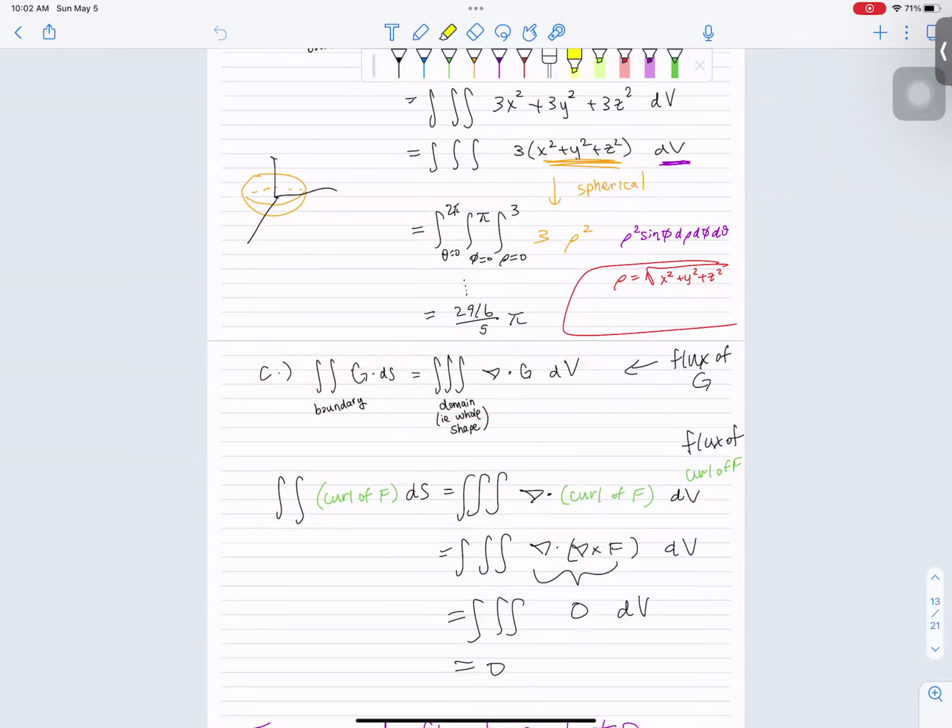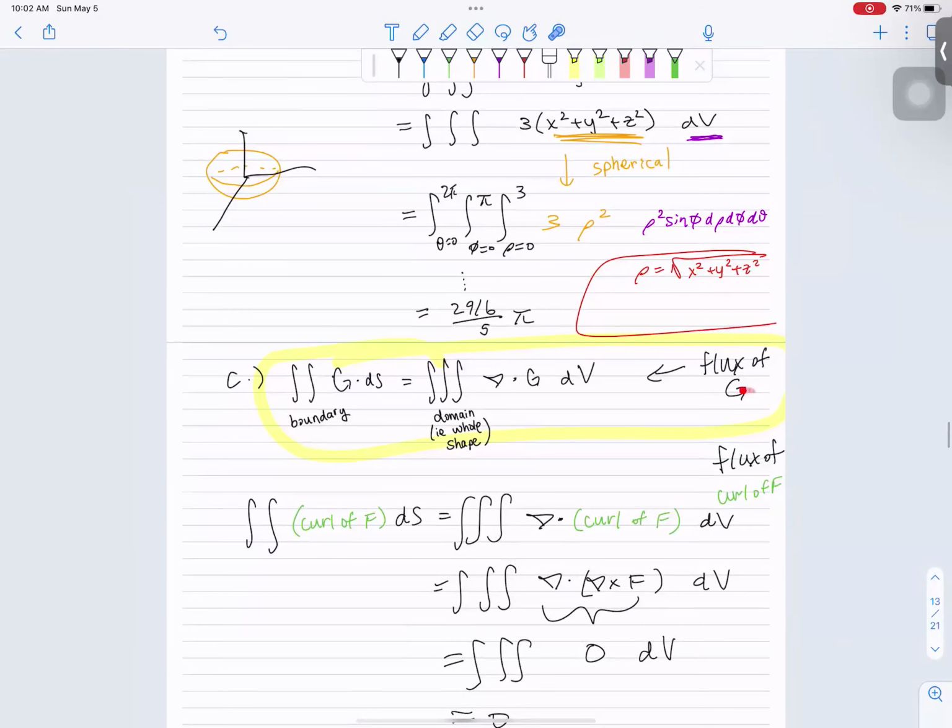The divergence theorem lets us find the flux of some vector field G. In this case, we're letting G be the curl of F. So if I plug in curl of F for this capital G, the divergence theorem says the flux equals the triple integral of, this triangle thing is still there because all I'm changing is this G, which is now curl of F. And so I get the divergence of the curl of F, which is 0.